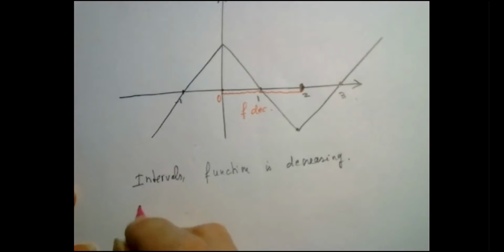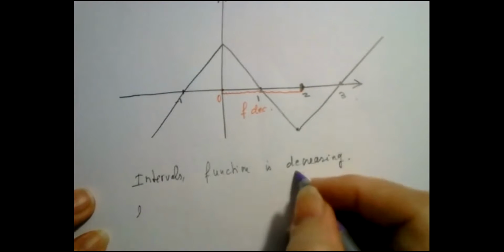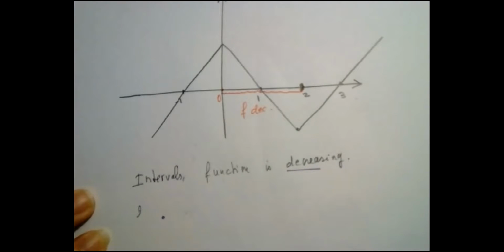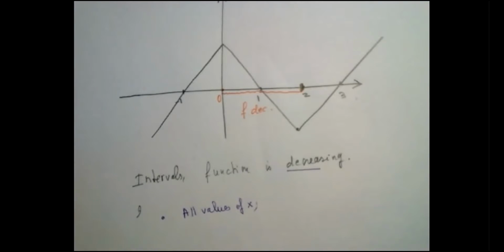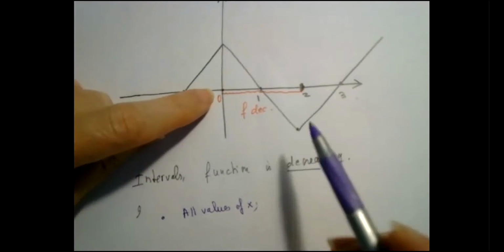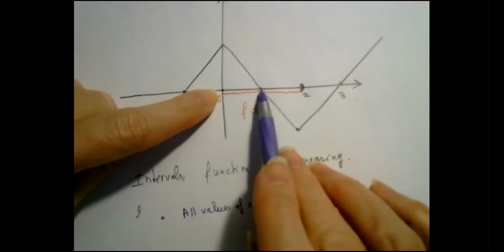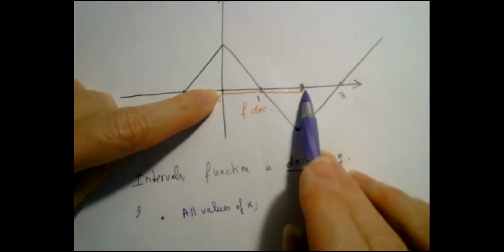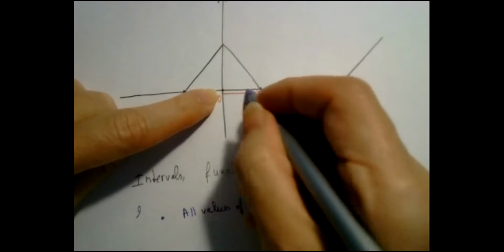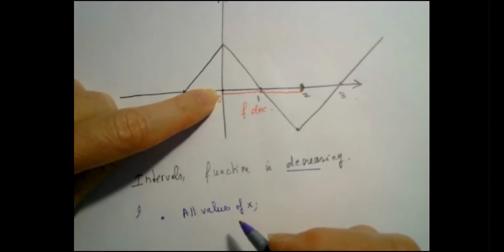So f is decreasing. When is f decreasing? First in words: for all the values of x, or for all x that have the following properties. How can I describe everything from here to here? If I take an input between 0 and 2, what characterizes this input?